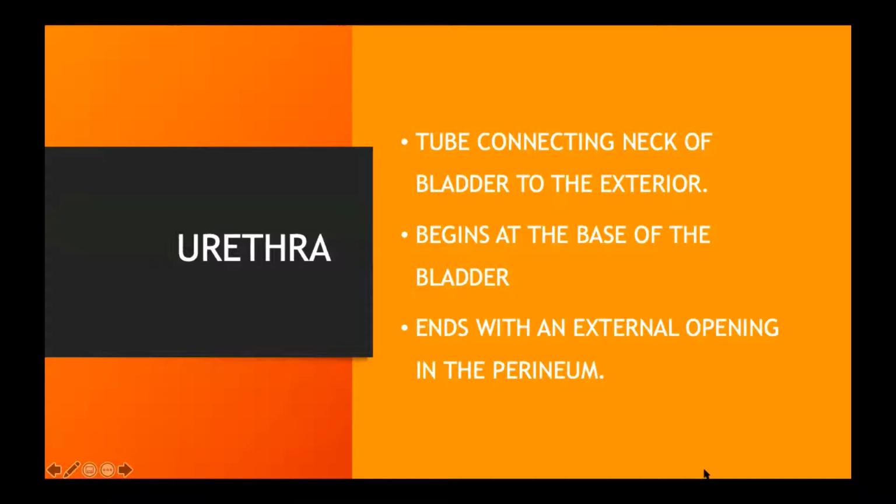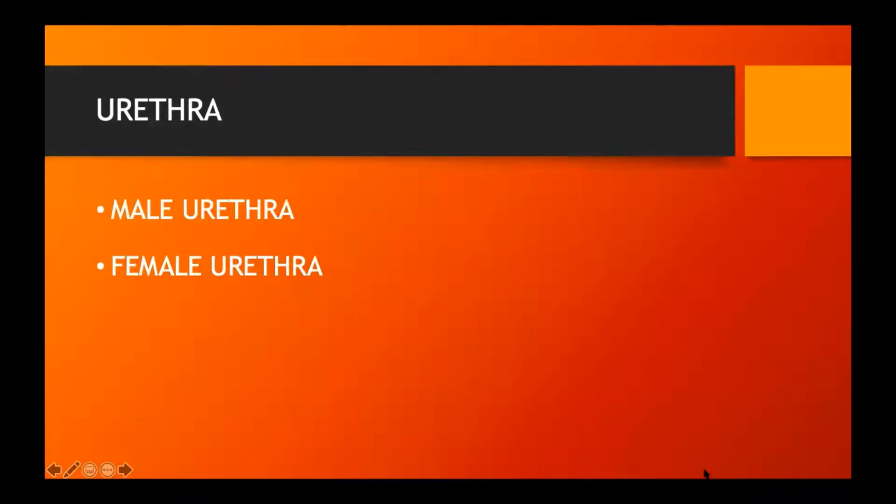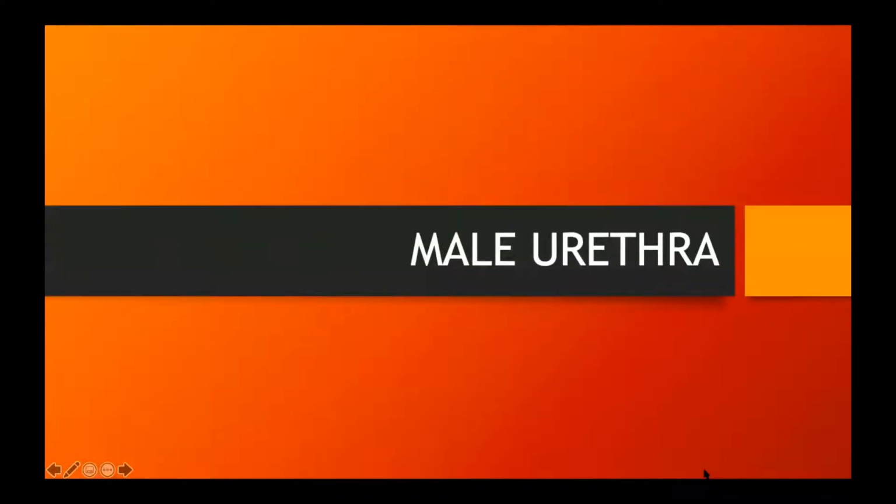In males it reaches till the tip of the penis, whereas in females it opens in the perineum itself. Based on gender, we have two urethras, the male urethra and the female urethra. First we'll see the anatomical aspects of the male urethra.